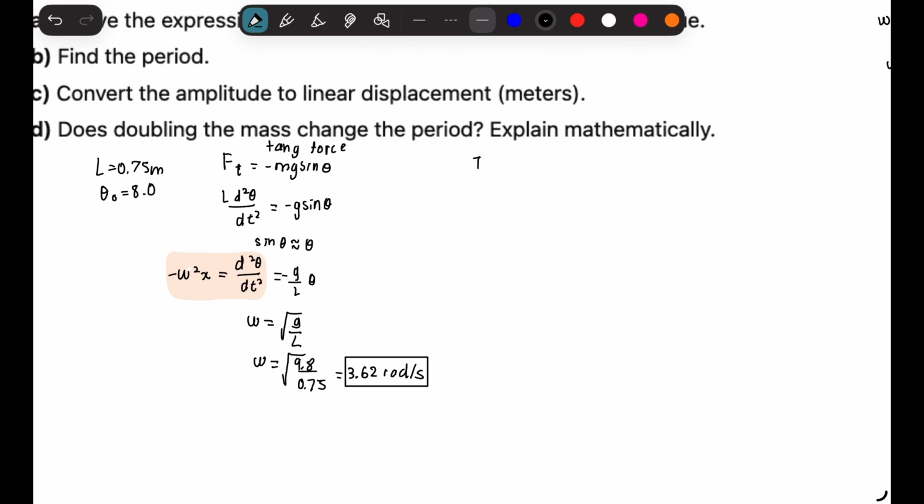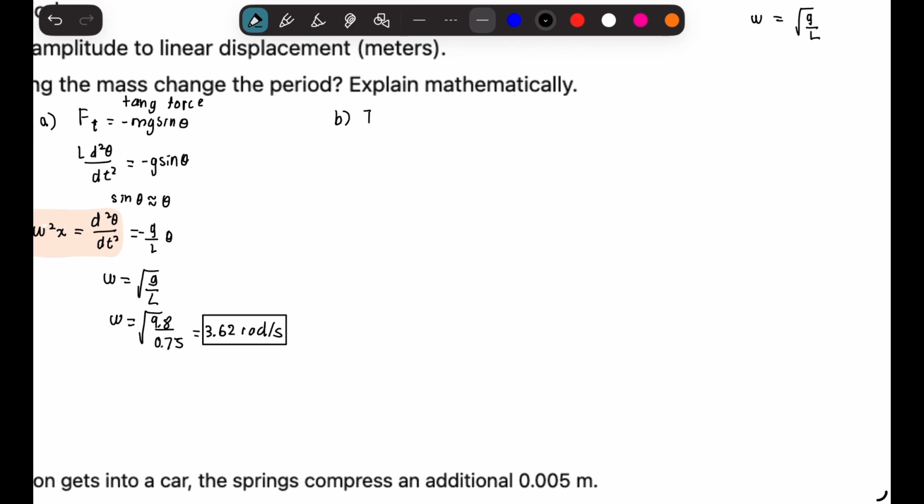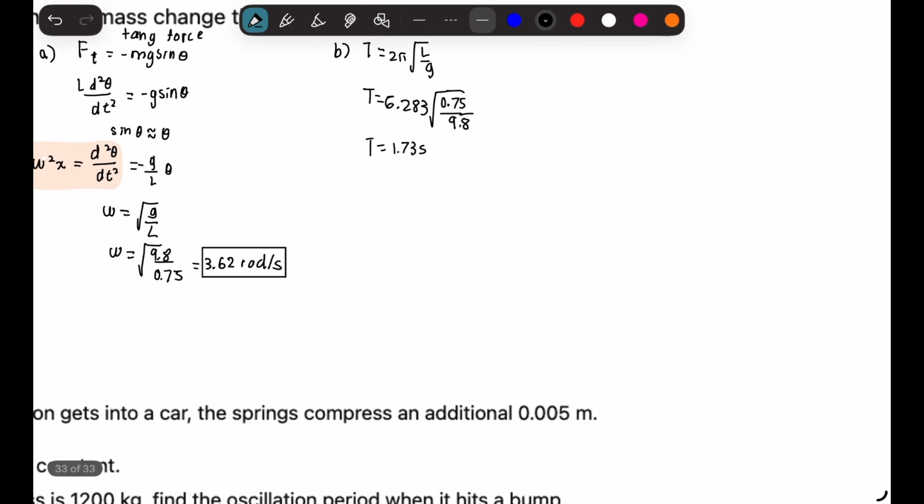So that was the answer for A. For B, it's going to equal 1.73 seconds.